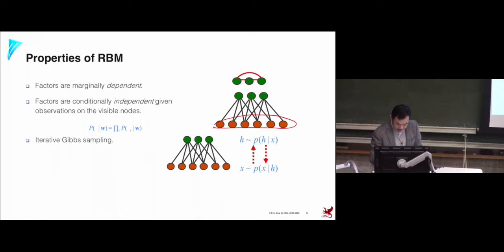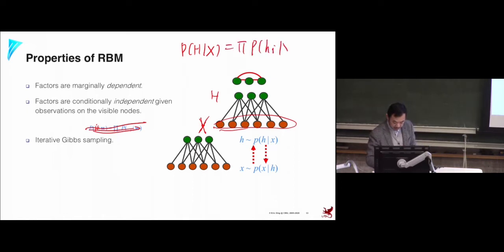Let's call this H, let's call this V, and this P of H, the set of all hidden random variables given the observation. I already have a name for that: this is H, this is called X. Good. I should rewrite this. So P of H given X becomes a product of P of H_i given X.